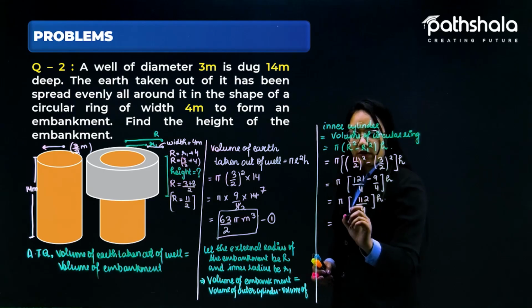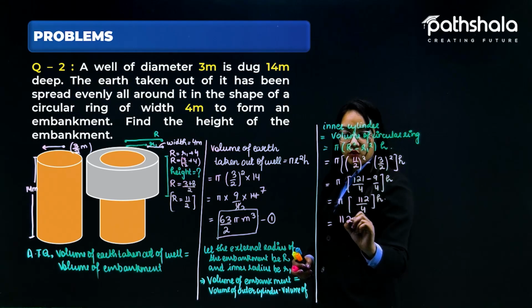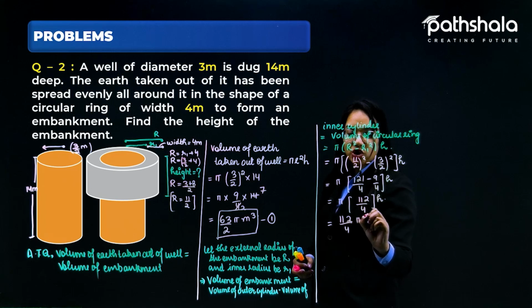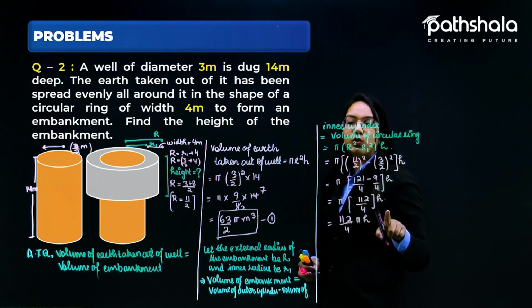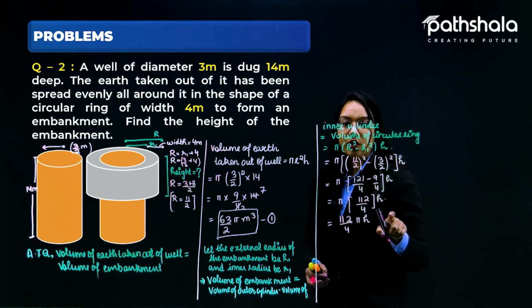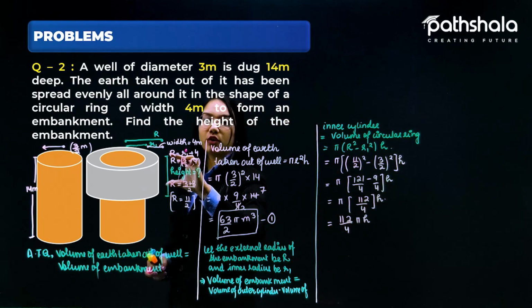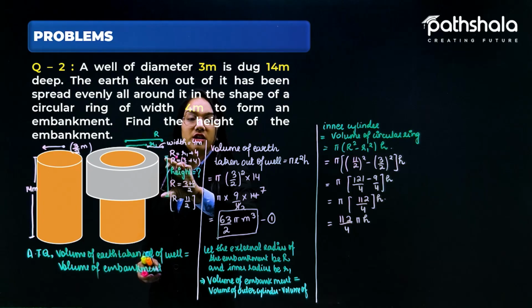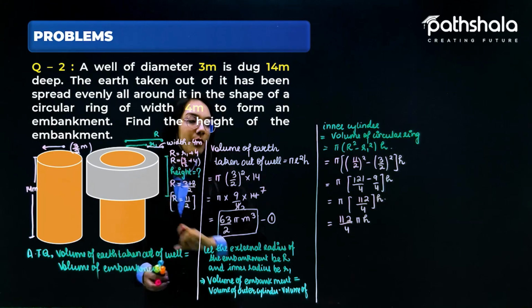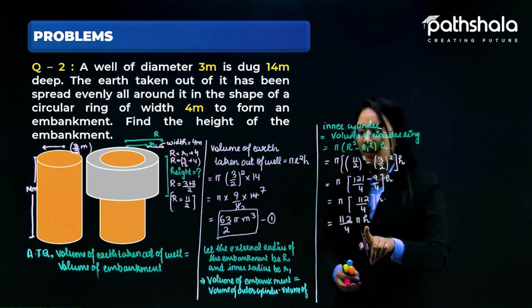Now we have this value as 112 by 4 pi h. This is the volume, because we do not know the height of this particular circular ring, or the embankment. We just have to find this value h.